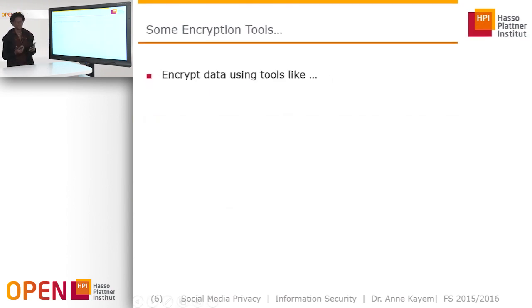So, some encryption tools. We've talked about, for example, public key encryption, and what I just talked about was to give you some feel of how encryption works, and how in order to decrypt the message, you need to know exactly what sequence was used to form the coded message in the first place.